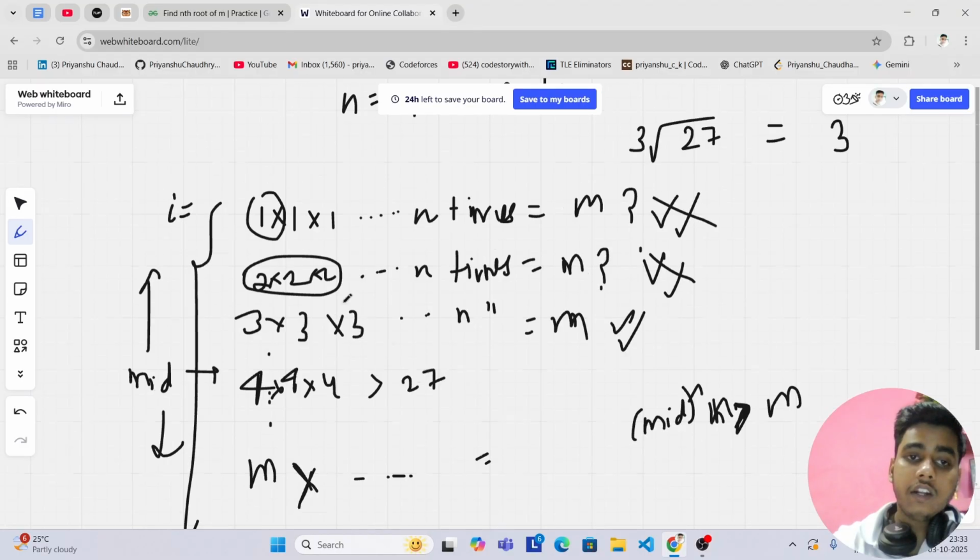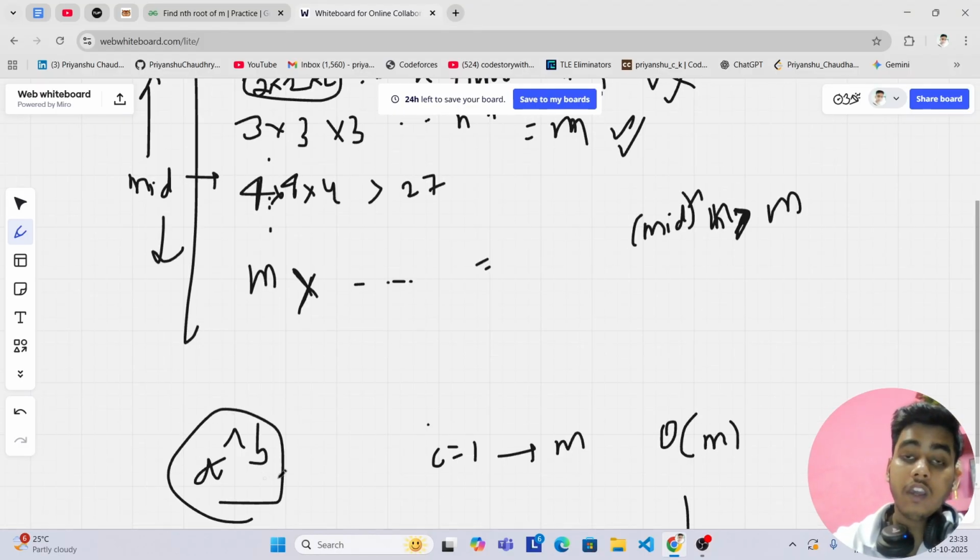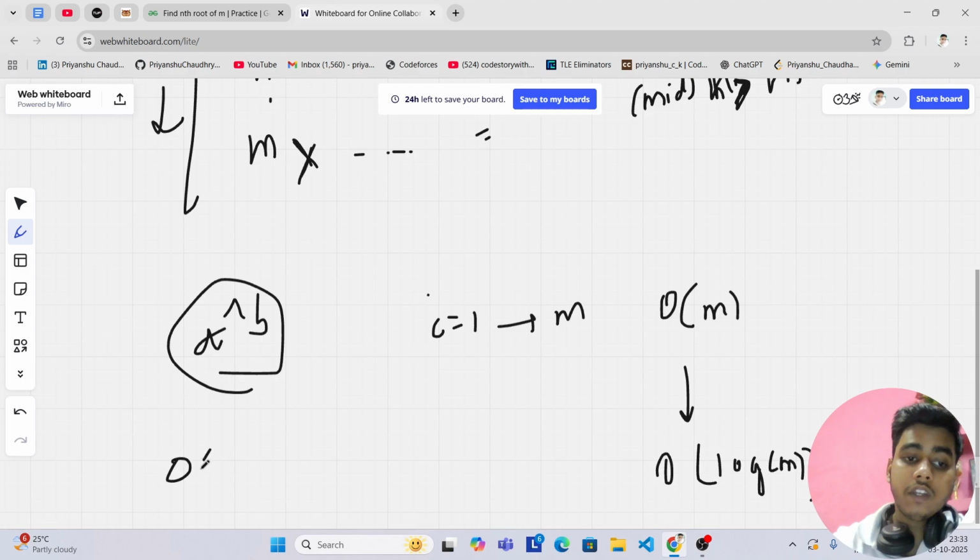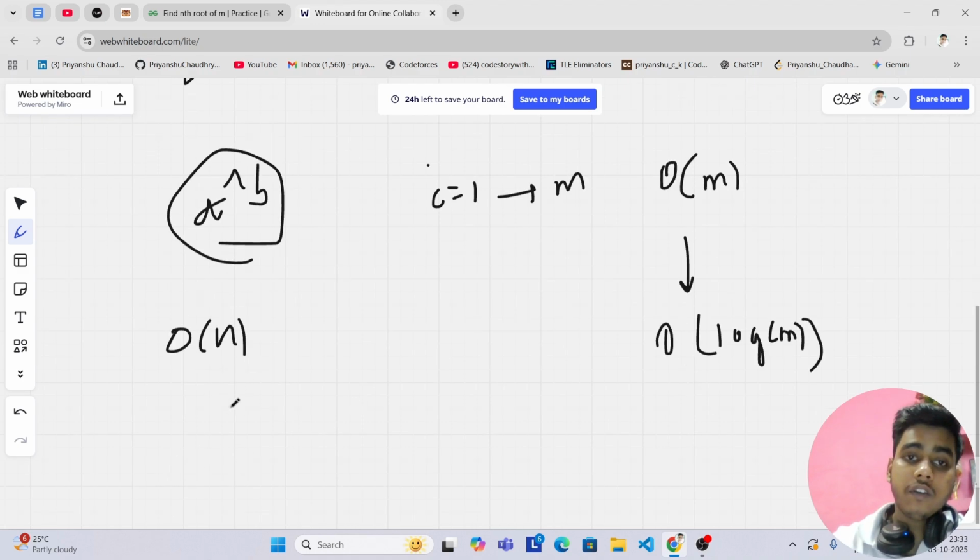We can either write a simple for loop multiplying a b times, but this will take big O of n time complexity. But if I write the code of binary exponentiation, and I hope you all know about binary exponentiation. If you don't know, you can check my video or any other video on internet or Google.